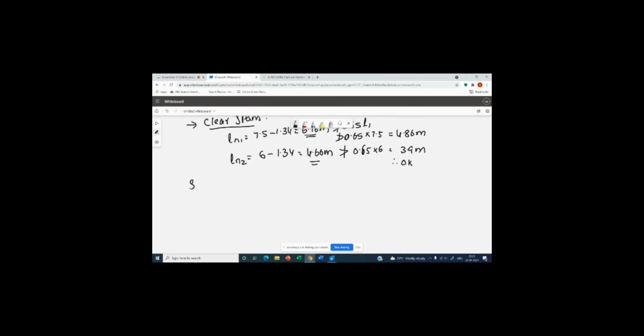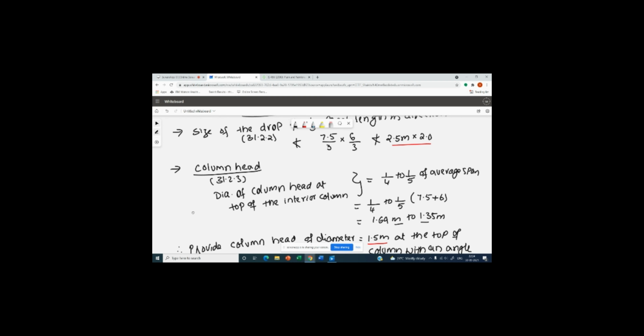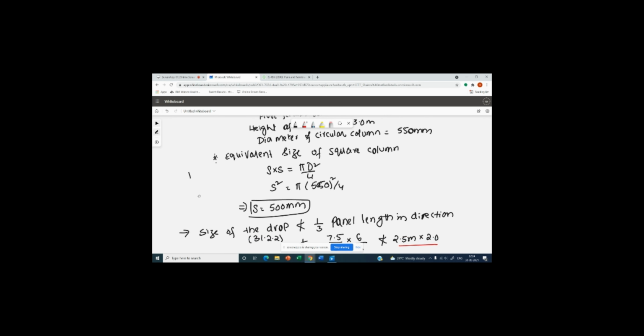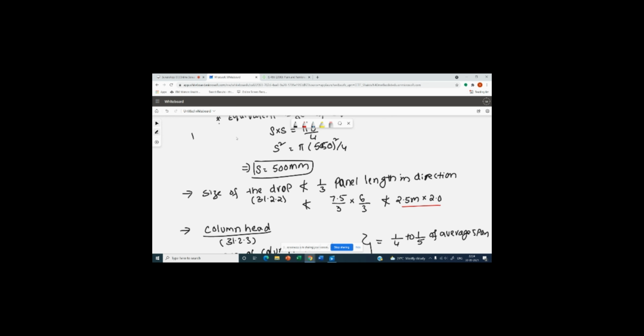Now in the next step, step 2: in step 1, we took all the given data, and in step 2, we calculated per the IS 456 recommendations and found the size of the drop as well as the size of the column head.